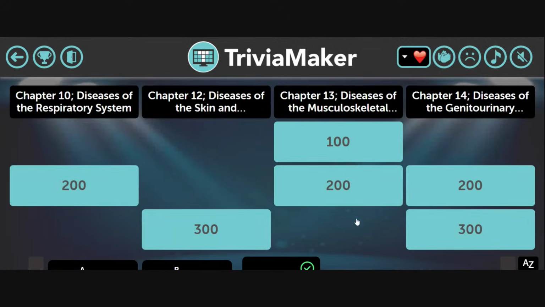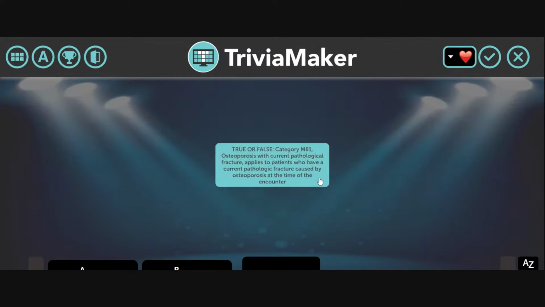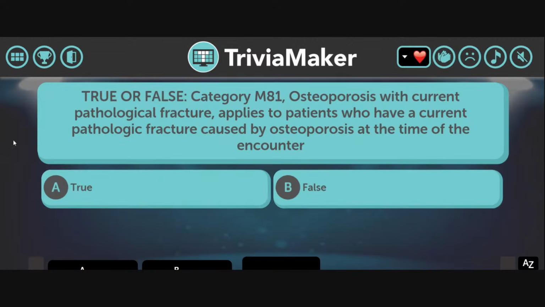Okay, let's move back to our chapter 13, diseases of the musculoskeletal system. Let's do a 200. Category M81, which is osteoporosis with current pathological fracture, applies to patients who have a current pathological fracture caused by osteoporosis at the time of the encounter.